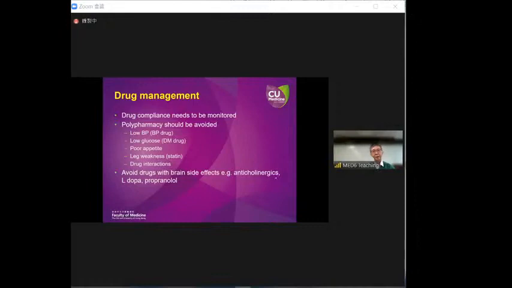For example, anticholinergics like antihistamines, which are commonly prescribed for flu-like symptoms. L-dopa will make people anxious and confused. Propranolol, a beta blocker, might slow things down in the brain. So we have to be careful in the use of drugs in people with dementia.